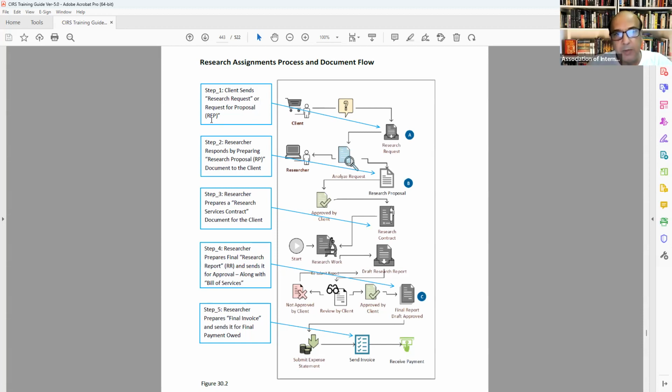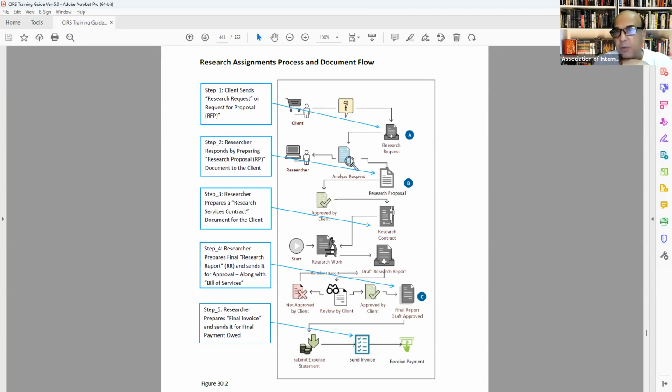In response to that, you're going to send a proposal back to the client. And once there is a mutual agreement on the proposal and the client agrees to it, you're going to draw a contract. So these are the three main documents.